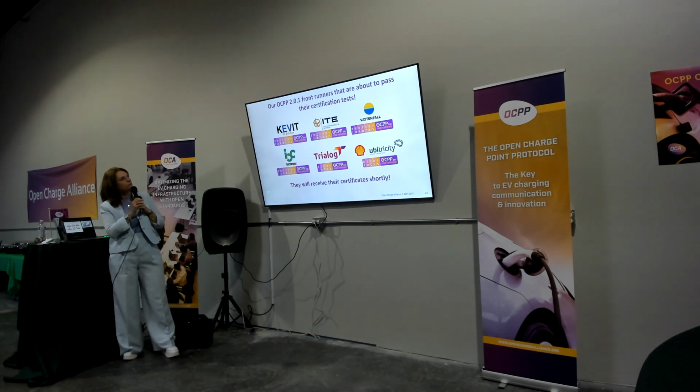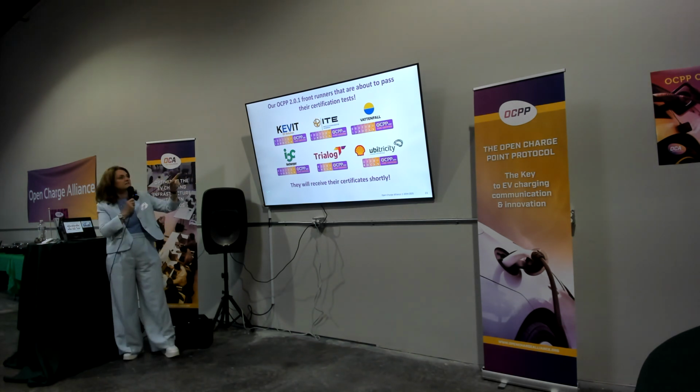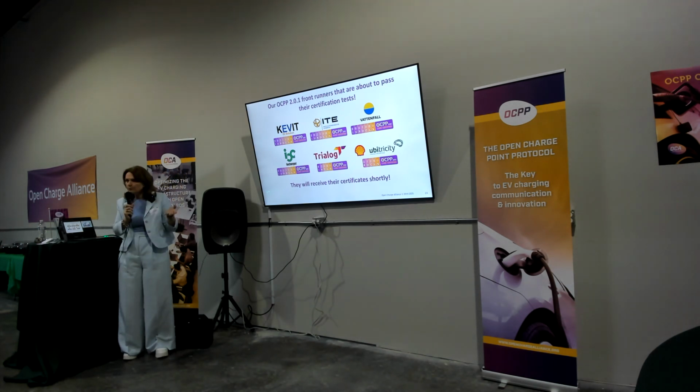These are what we call front runners, that are about to pass their certification test in the coming weeks. On the top, you see 3 CSMSs: Kevit, a back office from Korea, ITE from Spain and Vattenfall from the Netherlands. As a CSMS, they will certify for all the profiles.